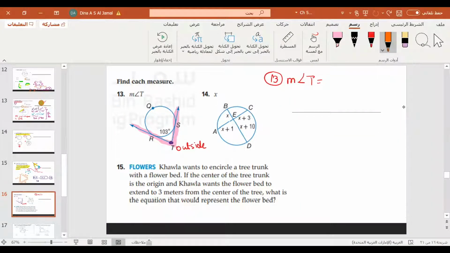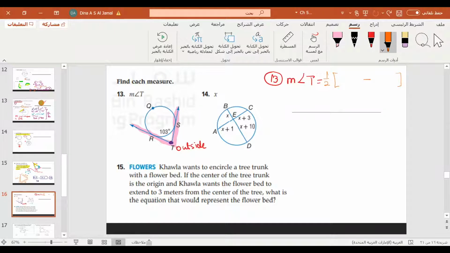Here, all you need to do is put your half, and because it is outside, you just need to subtract.